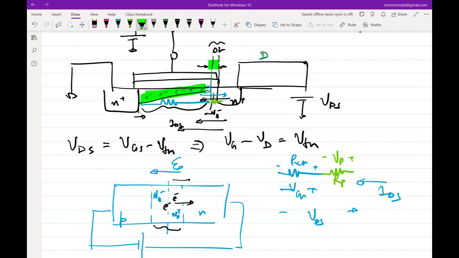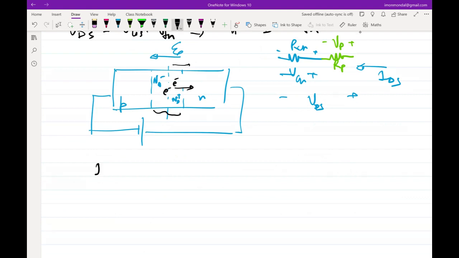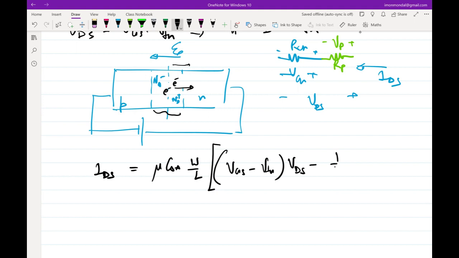And that constant value will be the value when we reached pinch off. Make sense? So my IDS will be, for VDS equal to VGS minus VTH at pinch off, the same. The density profile of electrons will remain the same, but just scaled to a thinner one.